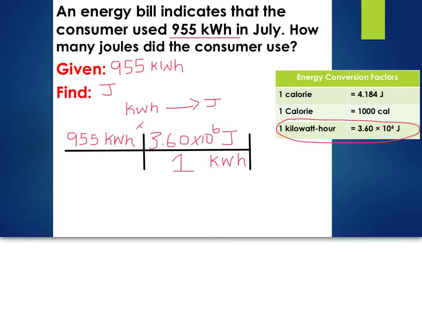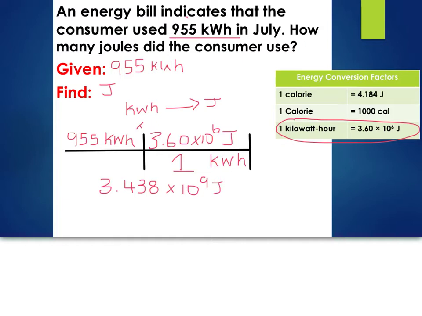So you multiply by this, and you would write your answer in scientific notation. Don't forget that, because you would get a very large number. You should get this in your calculator: 3.438 times 10 to the 9 joules.